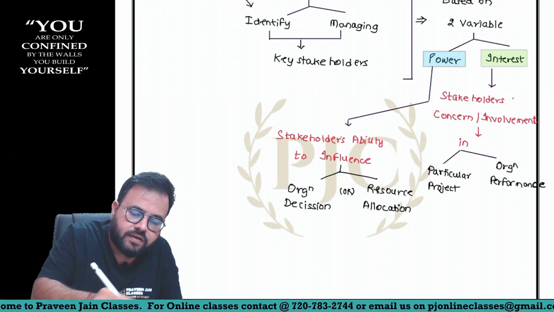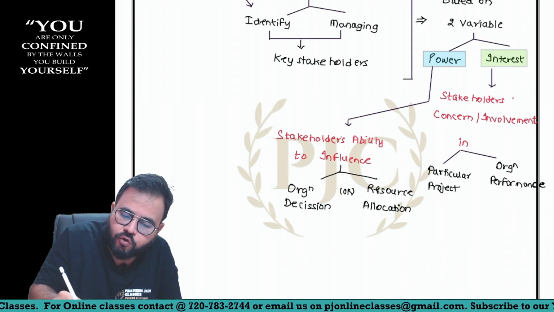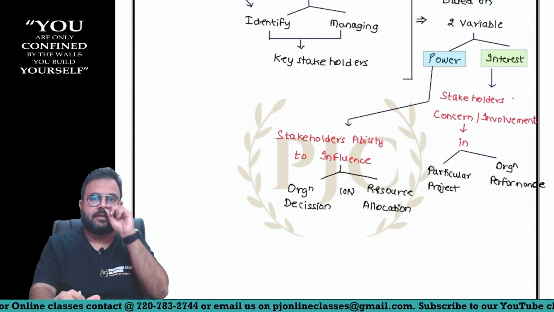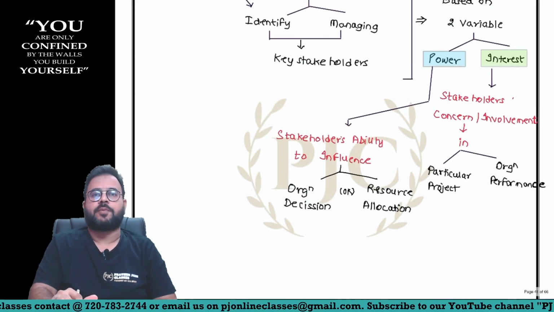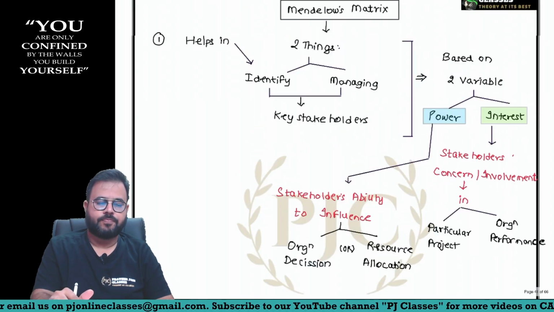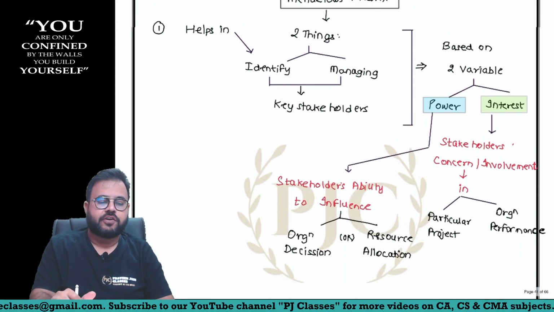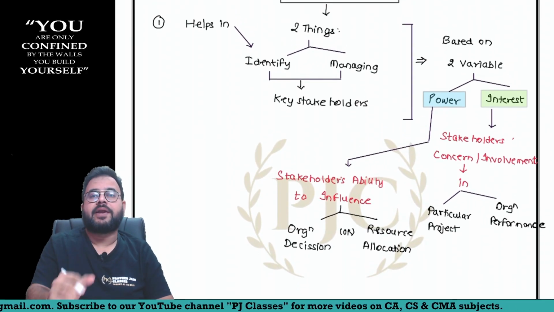Maybe you may be understanding a little bit, some doubts may be there. Don't worry, we will take one case study example so that you will understand this better. Again, why are we using Mendelow's matrix?